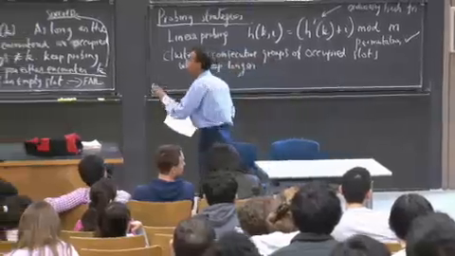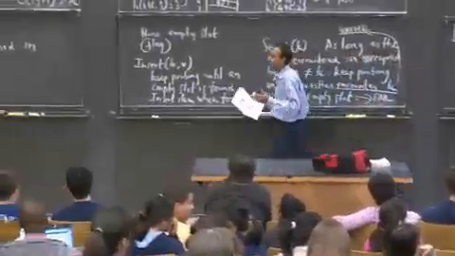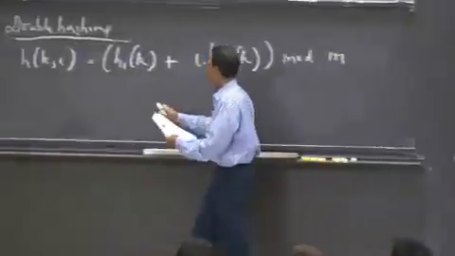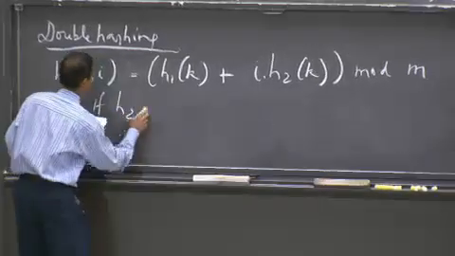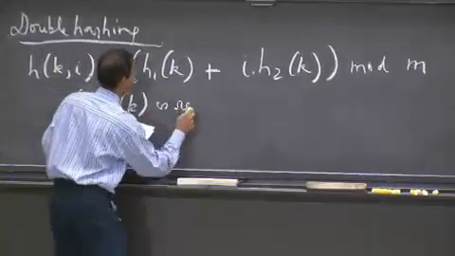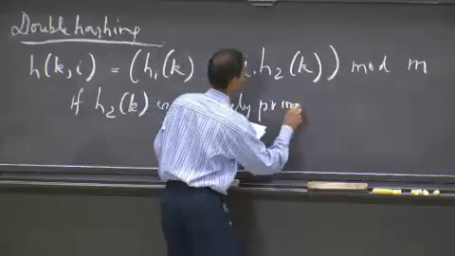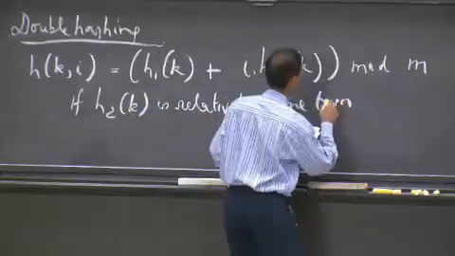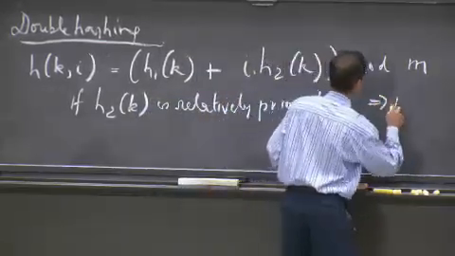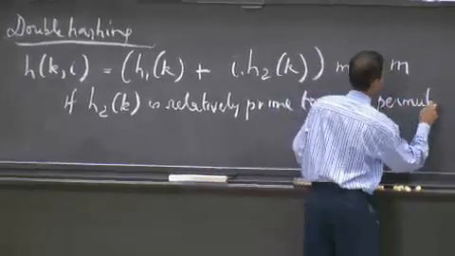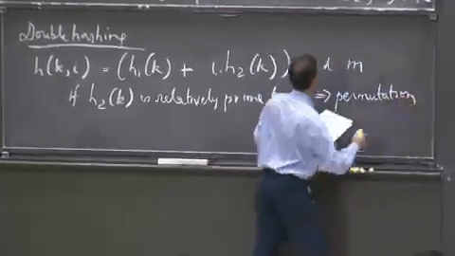Right. So h2(k) and m being relatively prime implies a permutation. It's similar to what we had before.